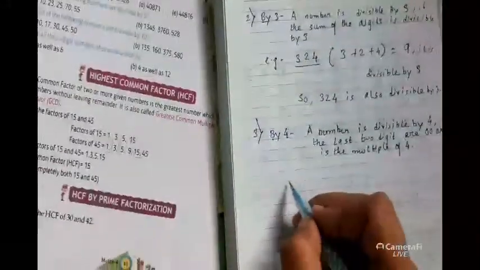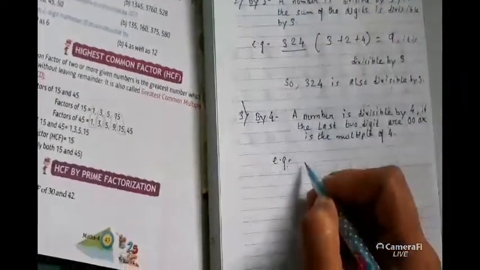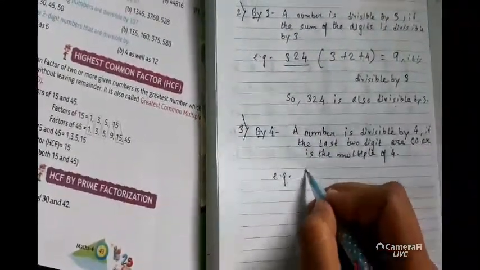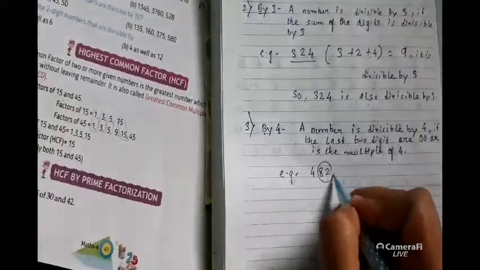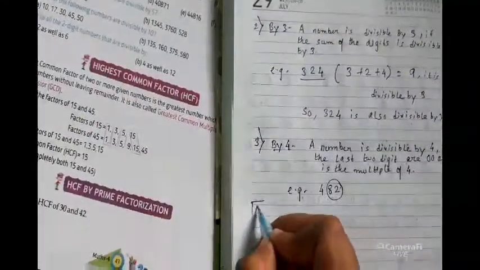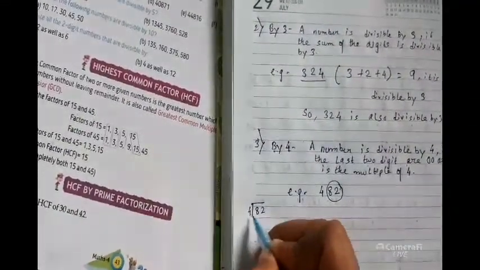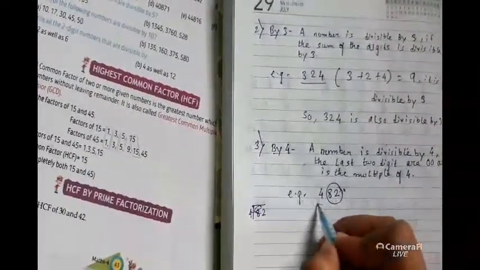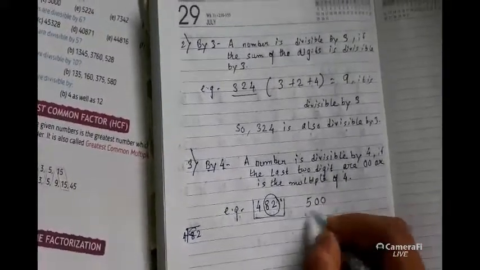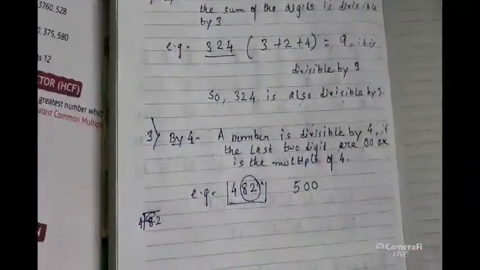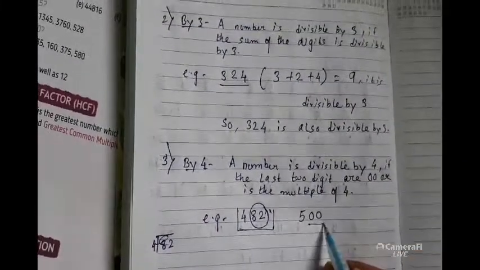As for example, 482. Now the last two digits are 82. Is 82 divisible by 4? No, so 482 is not divisible. But if the number is like 500, then it is divisible by 4, as the last two digits are 00.